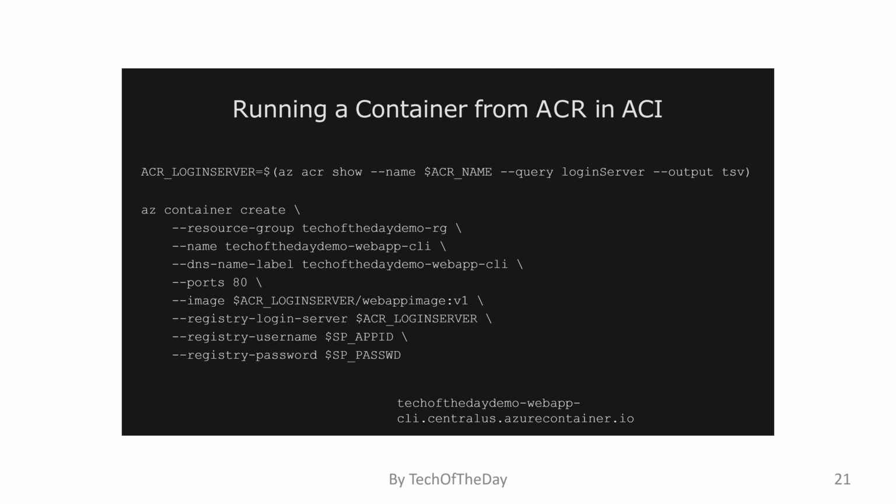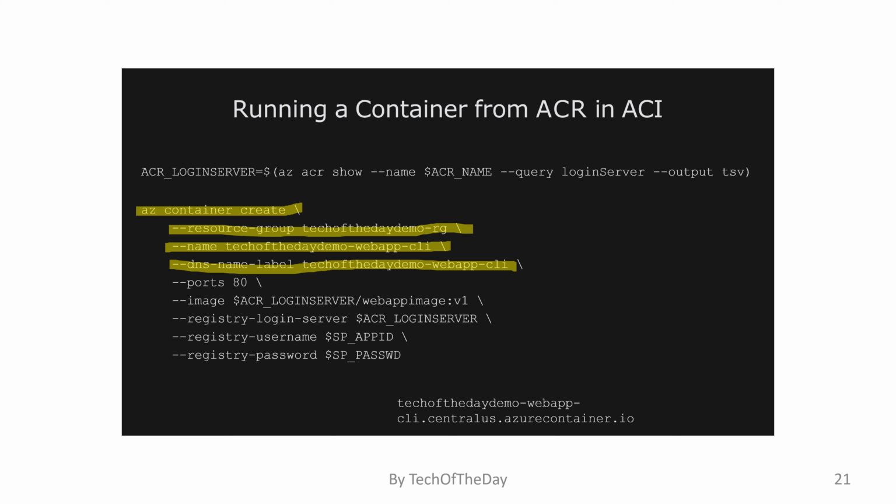Now, to create a container in ACI, we use az container create. So basically, we are creating a container inside Azure Container Instance. We will then specify the resource group, then the name of the container, then the DNS name label, then the port, then the image, which we will get from the ACR login server.